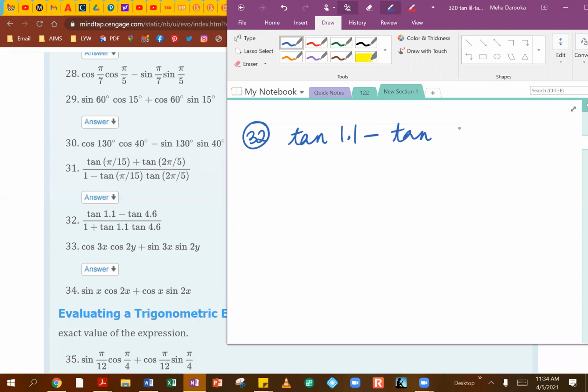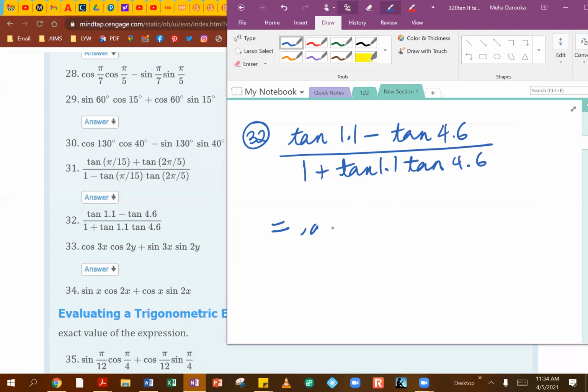so when you simplify this, what does your final answer end up looking like? So this is coming from the u minus v.